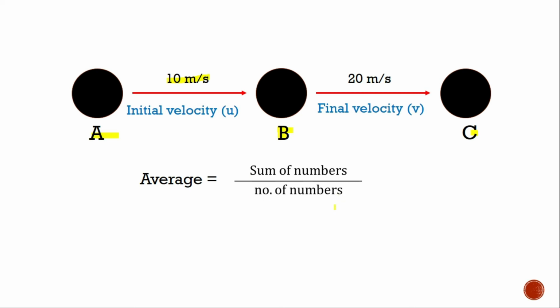So here we'll be adding the initial velocity and the final velocity, and dividing by 2, because we have two velocities here, which are U and V.